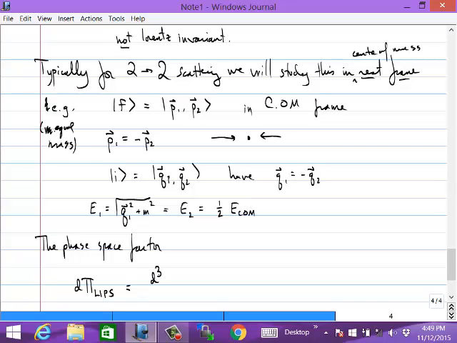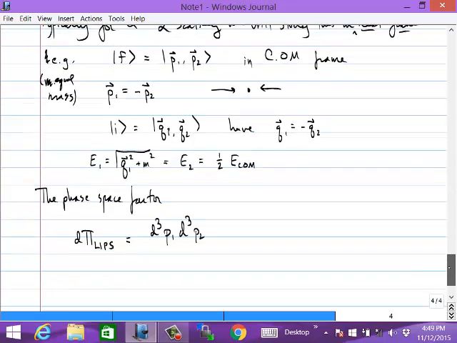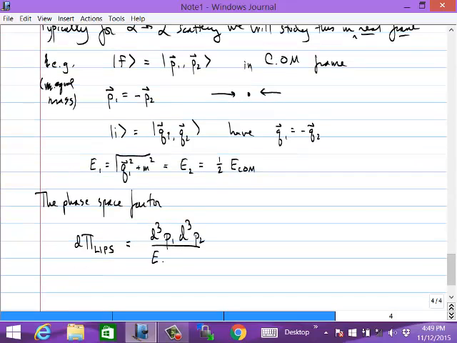It's d3p1 times d3p2 over E1 times E2 times the momentum conserving delta function. What does that momentum conserving delta function do? It sets the total momentum P1 plus P2 equal to Q1 plus Q2.